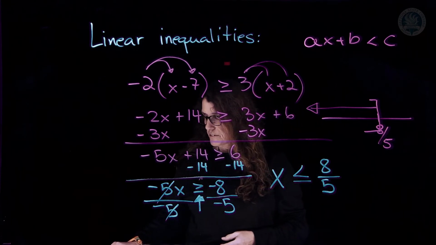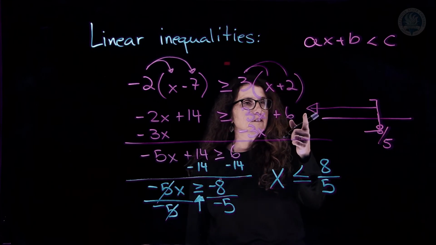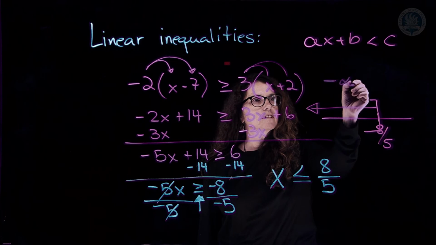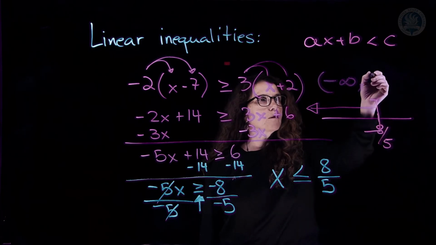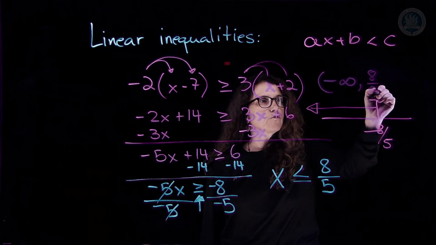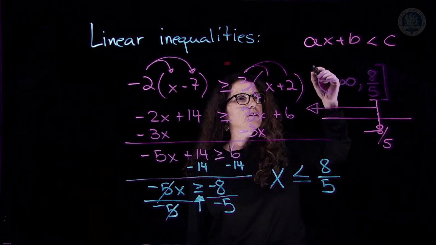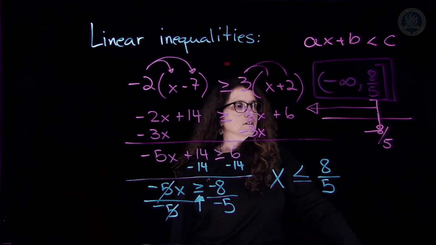The interval notation for this particular problem would be, we're starting on the left, over here where my arrow is, and this arrow represents negative infinity. And where do we stop? We stop at 8/5. 8/5 in this case is included, bracket. Done, you are. This is your interval notation.